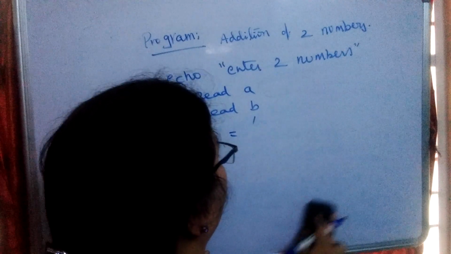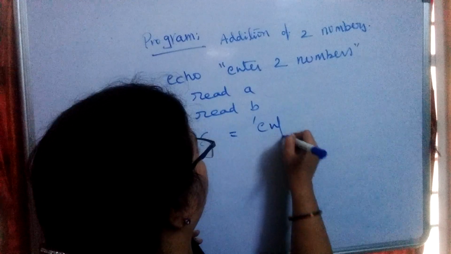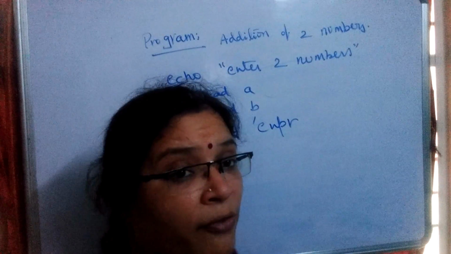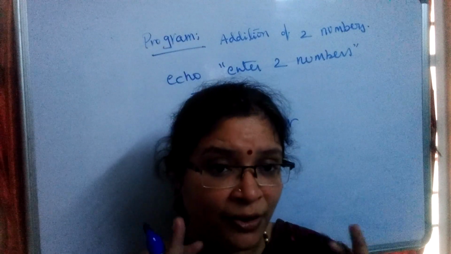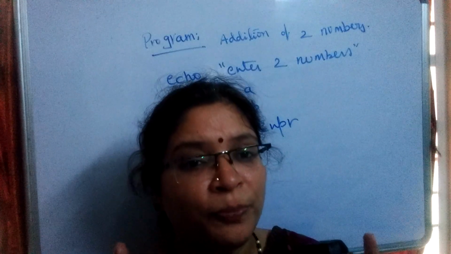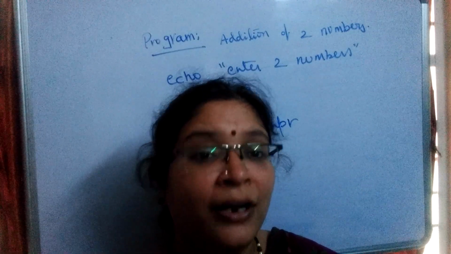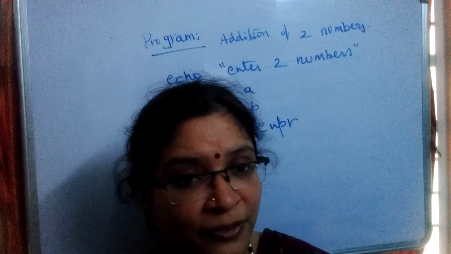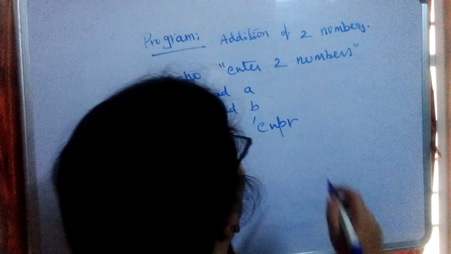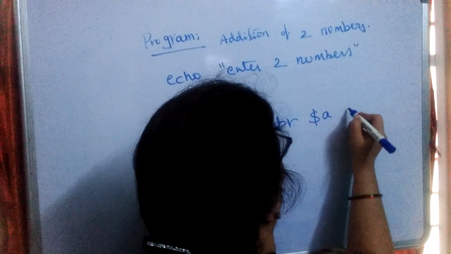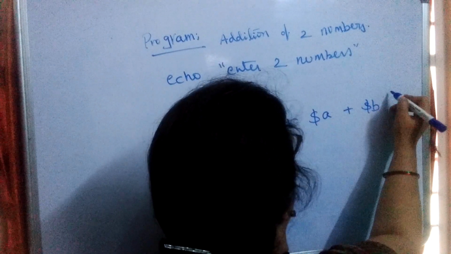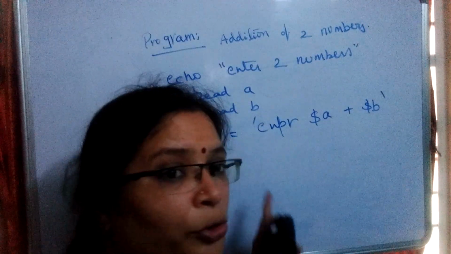Okay, now the usage of EXPR will come. EXPR of the value of A will be added to the value of B. For the value, a dollar symbol is to be prefixed to the variable. So $A plus $B, and again you have to use the same symbol to close.